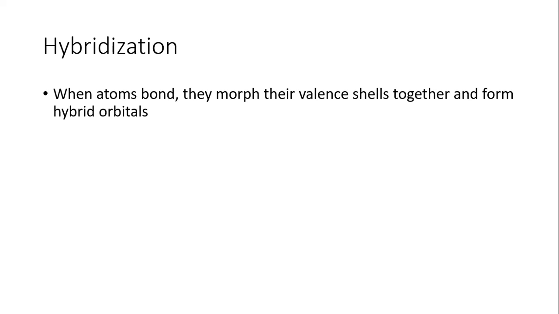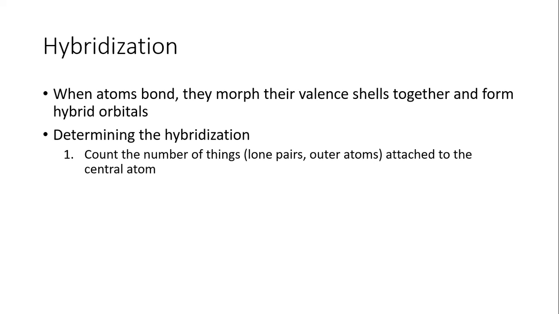And again, it's complicated, but all you need to know is how to determine the hybridization of a molecule, and that is very easy. All it is, is counting and matching. So what you're going to do is lump lone pairs and outer atoms together.